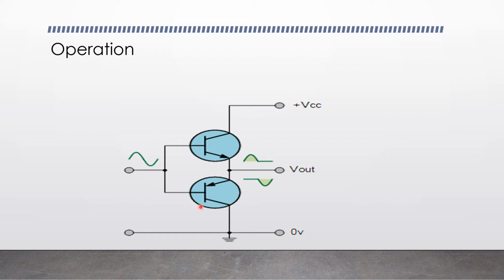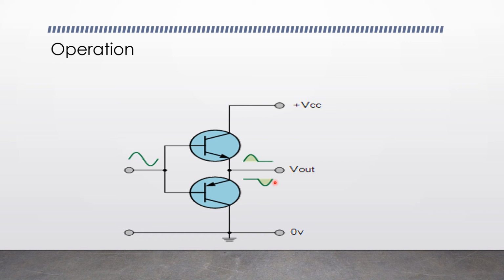Thus, the part of this output waveform which is below 0.7 volt will not be reproduced accurately. This results in a distorted area of the output waveform as one transistor turns off, waiting for the other to turn back on.